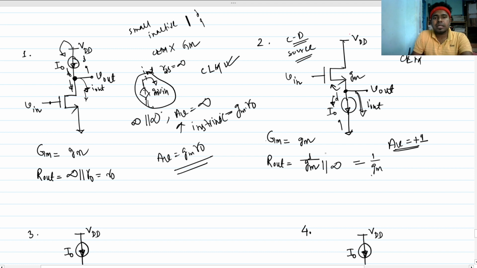Actually I am elaborating in much depth, but in an interview you can skip all those parts. You can directly say that the gain of this circuit will be equal to plus 1, as this is a constant current source and the impedance looking in from this node is nothing but 1 over gm, so the gain will be gm into 1 over gm, which is 1.